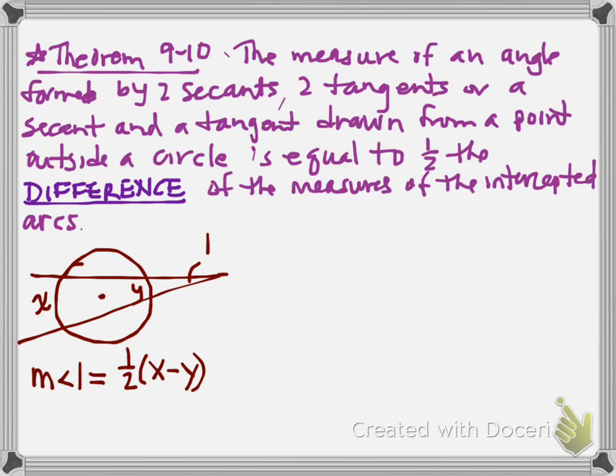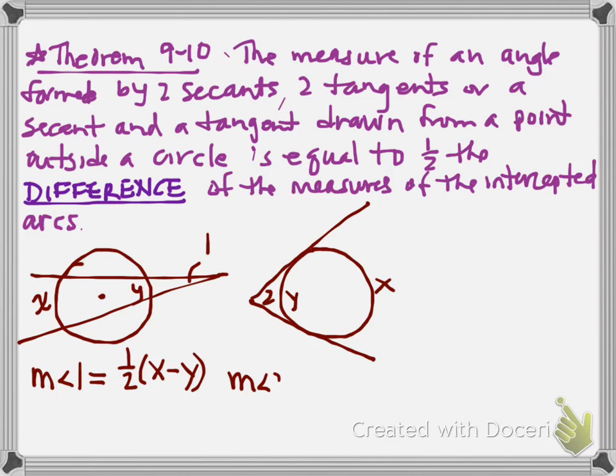The next case was two tangents from a point outside. So this is angle 2, and again, the inside is arc Y and the outside is arc X. So according to this one, it says the measure of angle 2 is going to be equal to 1/2 the quantity X minus Y. And then we've got the combination one.